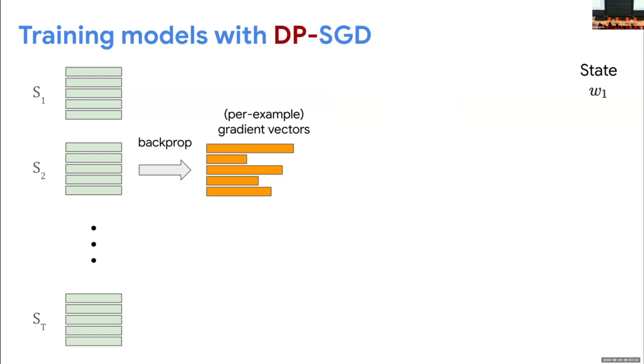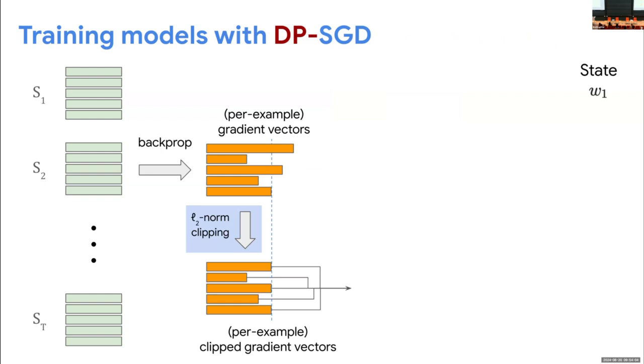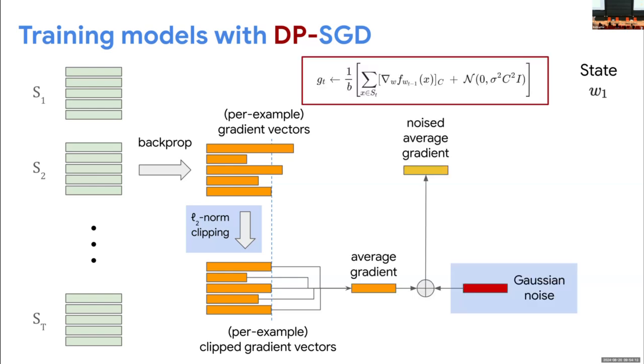So DP-SGD modifies this pipeline in two very simple ways. The first modification is that after you compute the gradients, you clip all the gradients to have L2 norm at most a certain predetermined value. Okay, and then you average these gradients and then you add Gaussian noise.